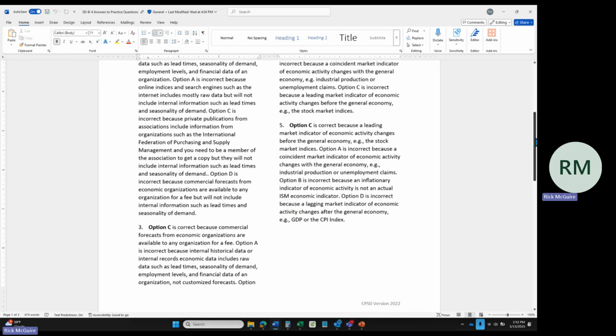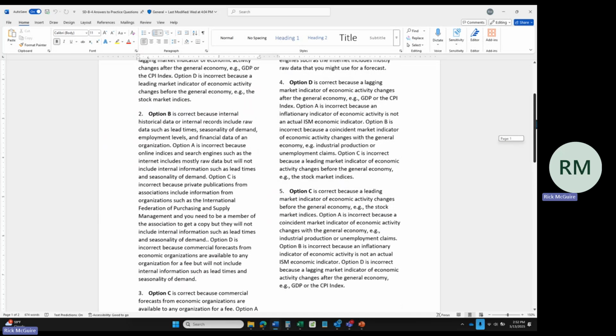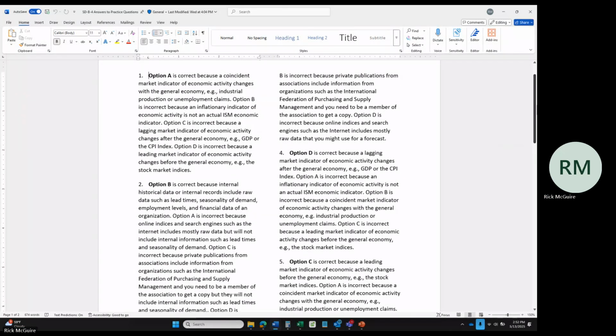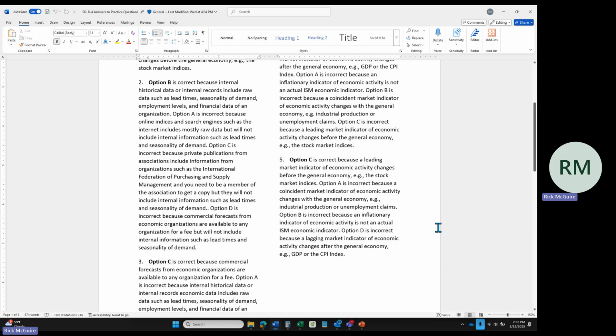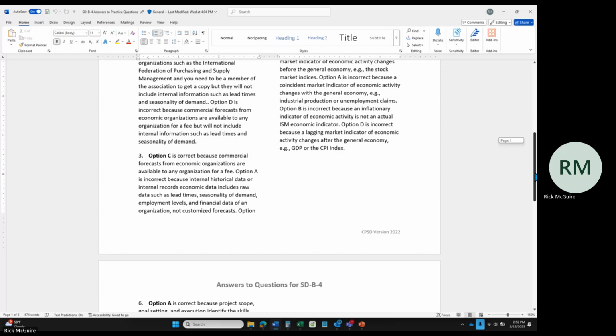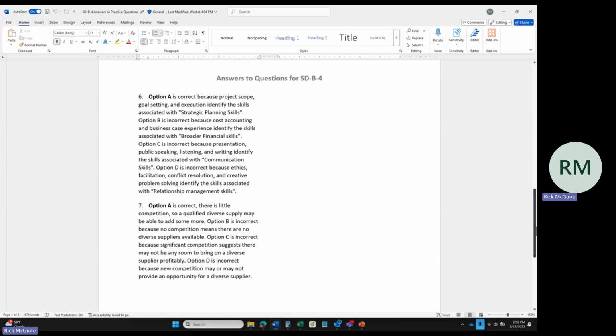Commercial forecasts from economic organizations are available for a fee. 4 is Delta. Lagging market indicator of economic activity changes after the economy. 5 is Charlie. A leading market indicator changes before the economy. 6 is Alpha.